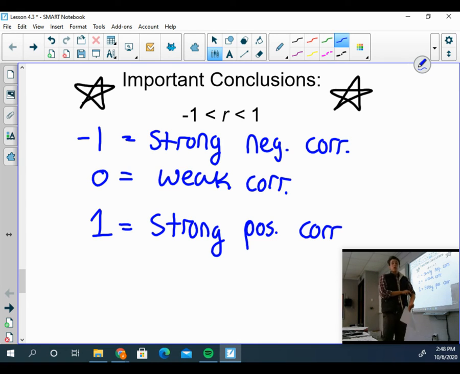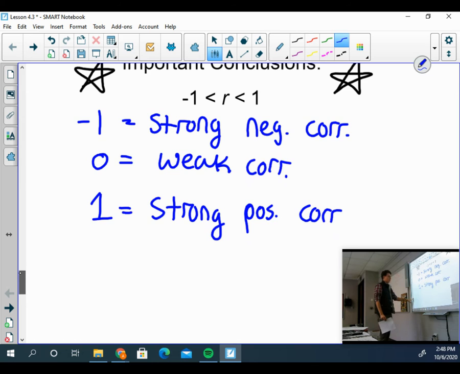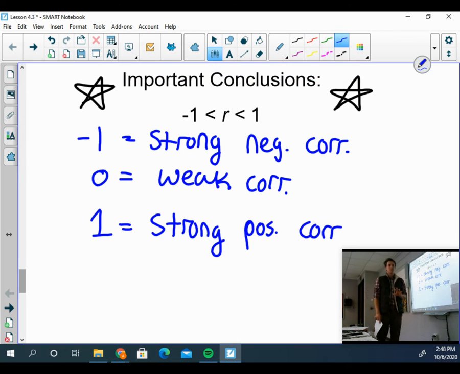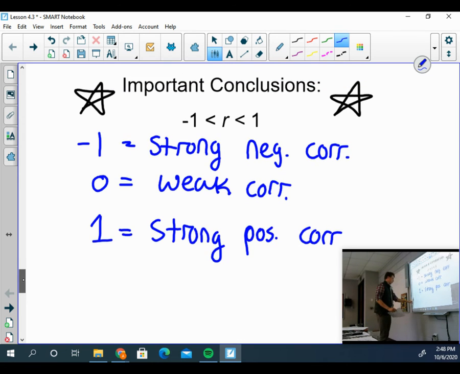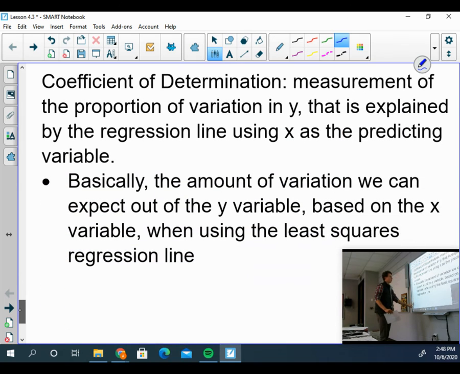If you have a correlation coefficient near -1, it's going to be strong and negative. If it's near 0, it's weak. If it's near 1, it's going to be a strong positive correlation. We'll show you some examples in a second, but we've got to get through a little bit more theory first.